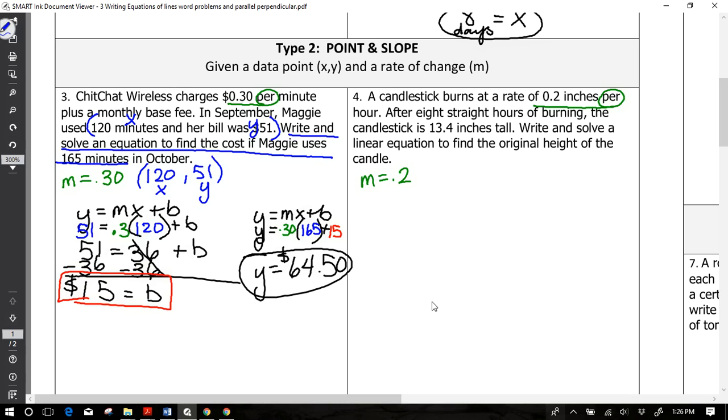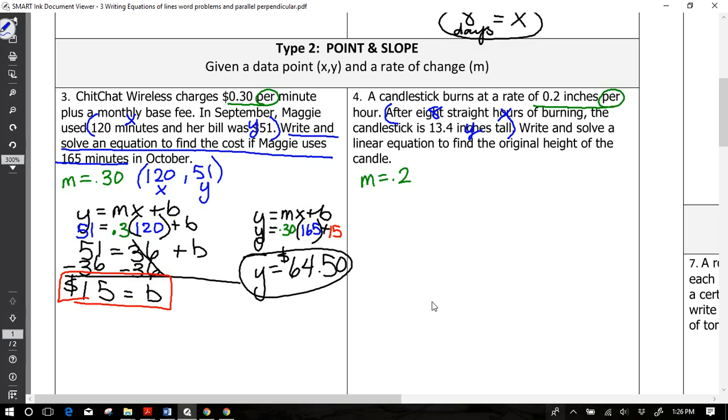How can I be certain that this is an ordered pair? It is always in one sentence, and they are giving me 2 different pieces or types of information. 8 hours, and then after that 8 hours, the candlestick is 13.4 inches tall.